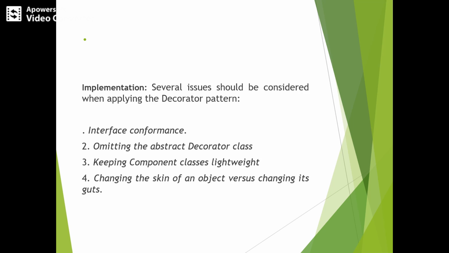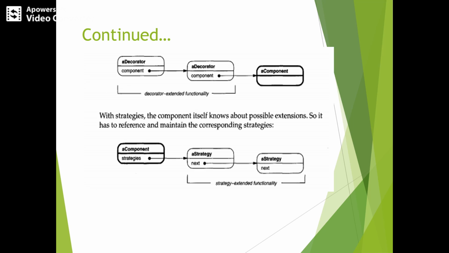That's why we say decorators are transparent to the component. So here we have a decorator followed by a component, and a decorator followed by a component. This is the extended functionality of the decorated object, showing extendability.